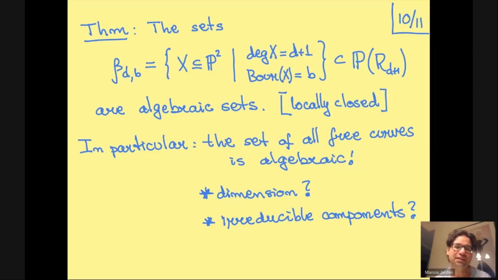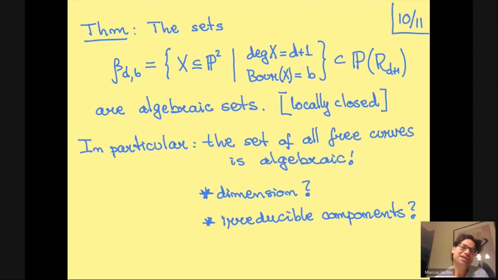So this was something that was not in the literature before, as far as I could tell. People were studying the freeness of individual classes of curves, but never tried to study the variety, the set of all free curves. And then this poses new questions for which I have no answer.